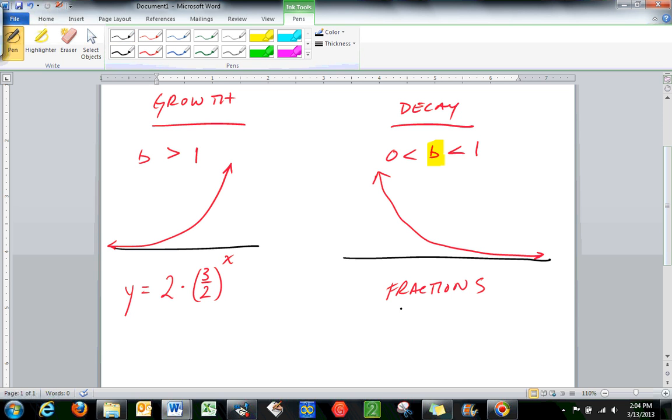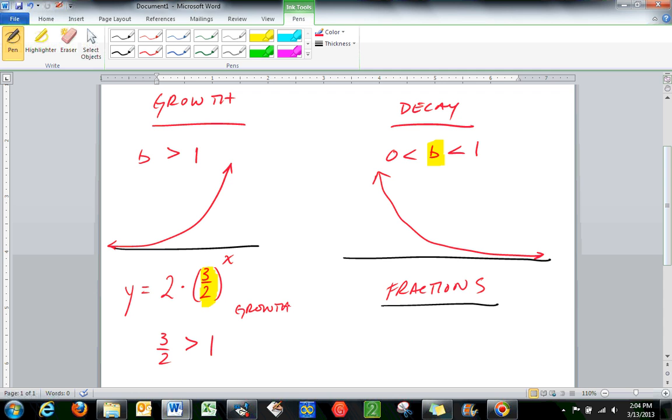If you're looking for fractions and automatically assuming it's a decay function, you can get into trouble, because 3 halves actually is greater than 1, so this is a growth function. So we have to be very careful not to use fractions as our general go-to for determining whether something is a decay function. Be sure that you look at the fraction more clearly to determine whether it is actually between 0 and 1.